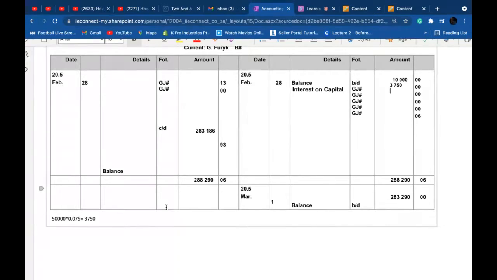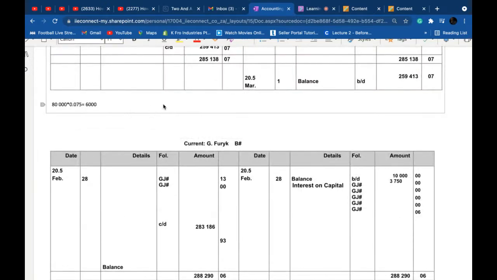So since we're here, might as well just deal with it now. So 5,000 times, what was the interest rate again? 0.0825. And we also know that we need to apportion that for 3 months, 3 divided by 12. So what do we get? And whilst you guys are calculating that, I'm just going to copy the formula here for Unashi.